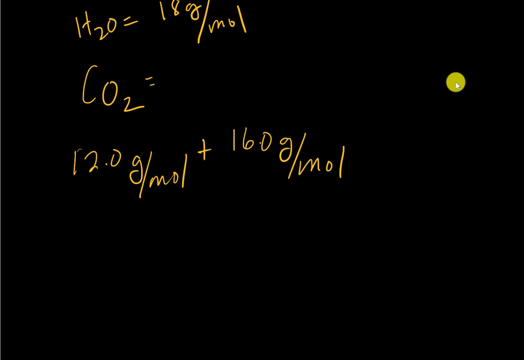And we've got 2 of those. So the molar mass of the complete molecule is going to be 12 plus 2 times 16. 2 times 16 is 32, plus 12 is 44. So it equals 44 grams per mole. That's the molar mass of CO2.